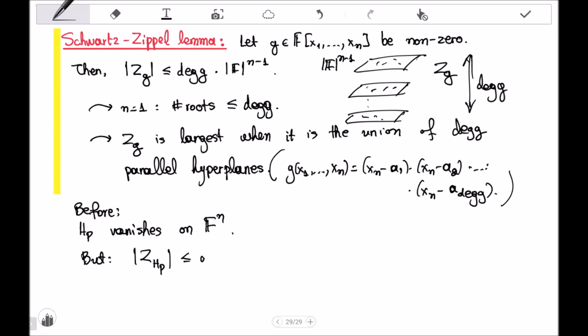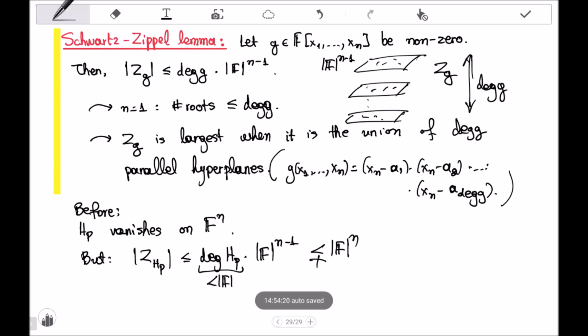It's at most its degree times the size of any hyperplane. And this is equal to the degree of P. It was smaller than the size of the field. So this will be strictly smaller than the whole ambient space. So we get a contradiction here, and that's it. The Kakeya set must have been small.